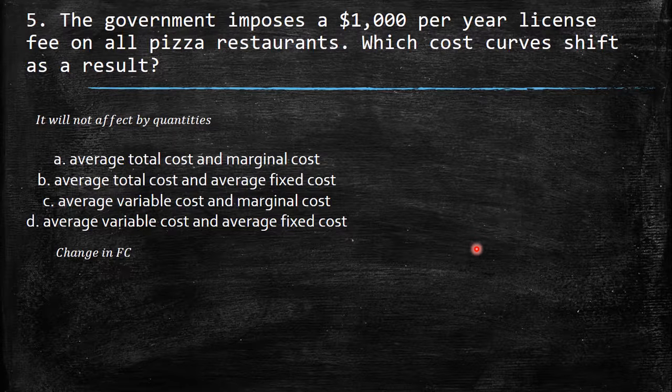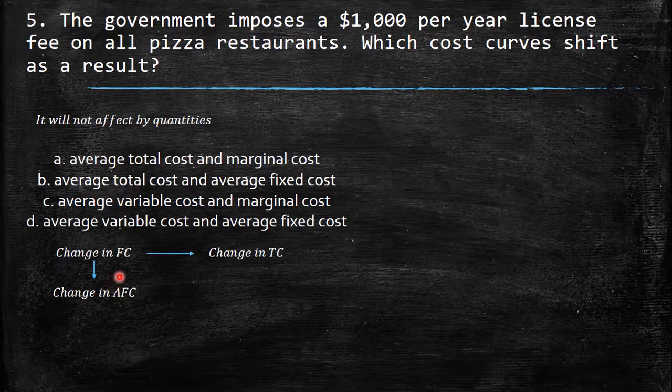Then we have these 4 answers. So let's focus on the changes. So first, we know that it's going to be a change in the fixed cost, naturally. And when there is a change in that, remember that the total cost is equal to variable costs plus fixed cost. So then it's going to be a change as well in TC, which is the total cost. Then automatically, if you divide these by quantities and these change, naturally the average fixed cost will change as well.